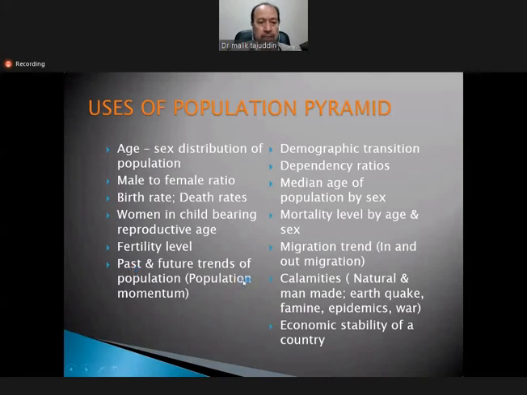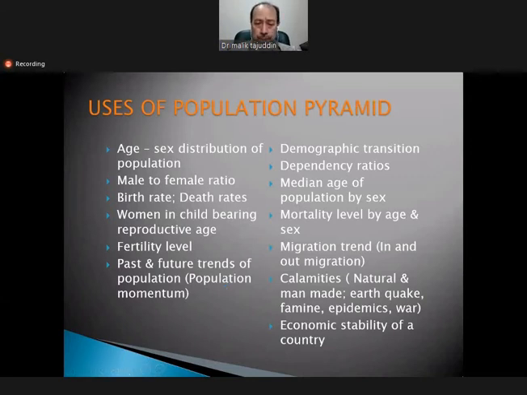So it also gives you the past and future trends of the population momentum. You can find from the demographic pyramid, or the population pyramid, what disasters have occurred in the past years, and according to the trends, according to this population momentum, what the shape of this population pyramid will be in future.